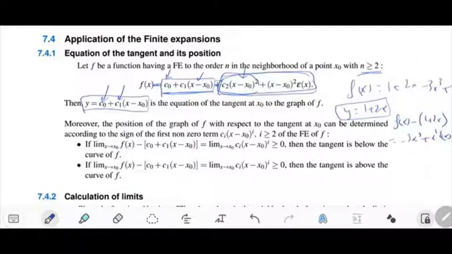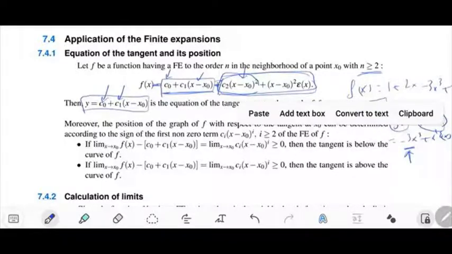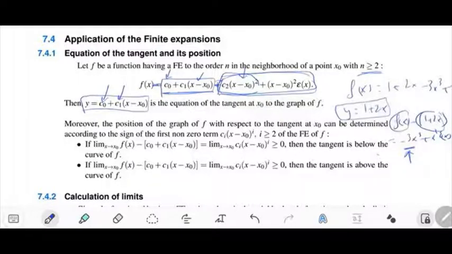So I look at the first non-zero term after these two terms, the equation of the tangent. And if I look at this term, when x tends to 0 minus, this term is positive, then before 0, the graph of f is above the tangent. And if x tends to 0 plus, this term is negative, then f of x, the graph of the function f, is below the tangent 1 plus 2x. So at the point 0, f of x goes through the tangent.